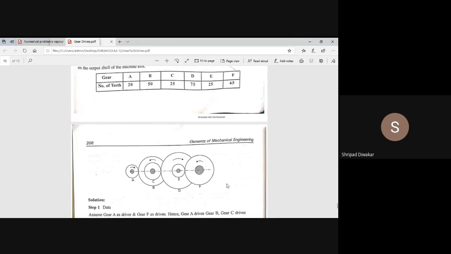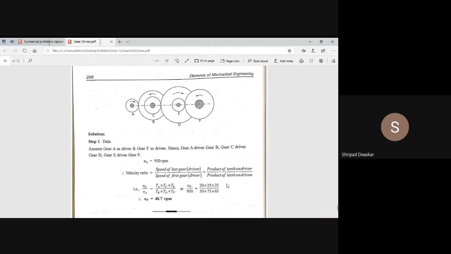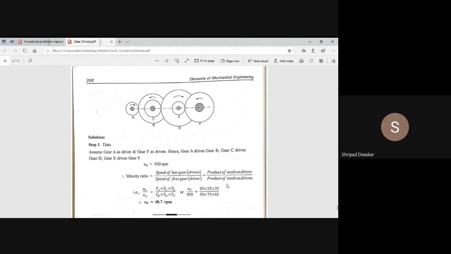So you have to show the sketches, and once again you have to use the formula to find out the velocity ratio as well as the speed of the last gear. Okay, velocity ratio, always you have to take the speed of the last gear to the speed of first gear, that is NF divided by NA equals the product of driver teeth.